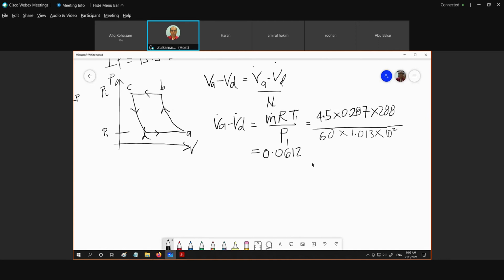Saya dah bagi 60 kat sini kan? Meter cube per second. Yes. Meter cube per second.